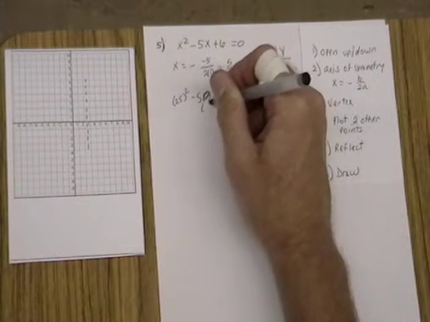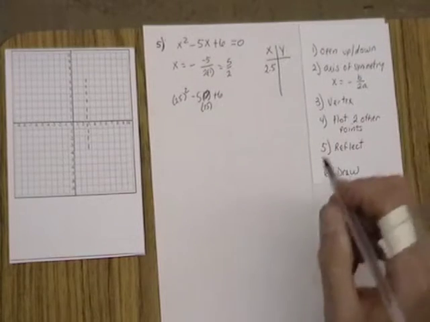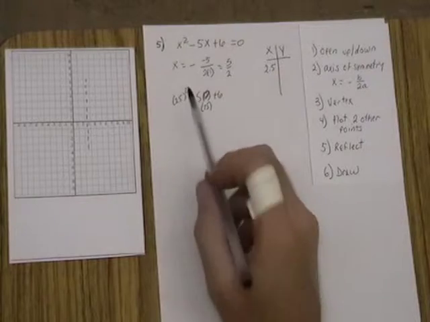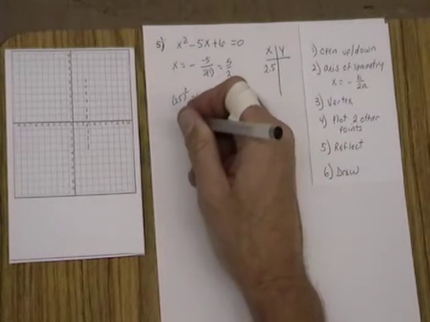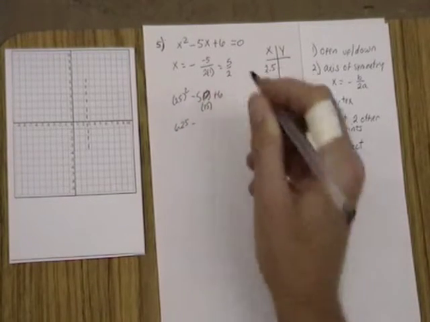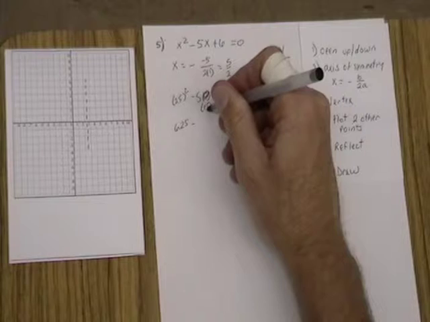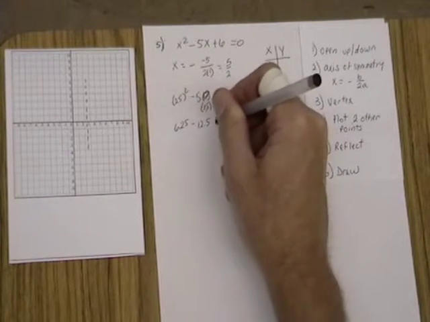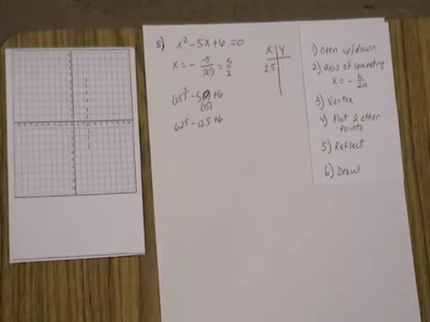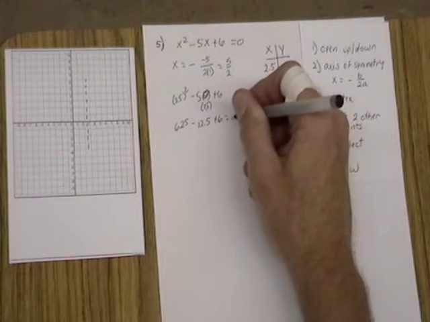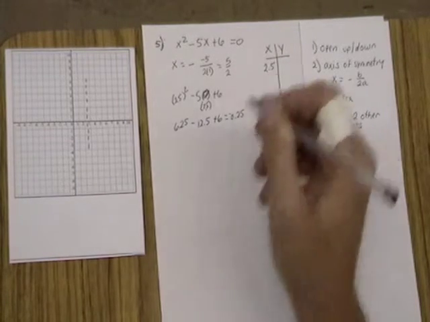If we use our calculator, 2.5 squared is 6.25, and then 5 times 2.5 is 12.5, and then add 6. If you continue using your calculator, you'll find that this ends up equaling negative 1/4, or negative 0.25.